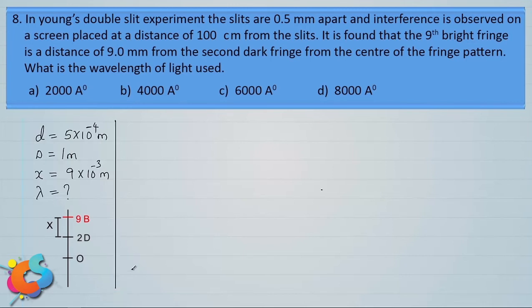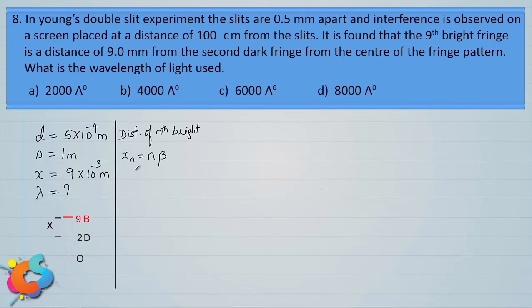In order to solve this, you need to know the distance of the nth bright fringe and nth dark fringe from the center of the fringe pattern. So let's take up the bright first. The distance of the nth bright fringe from the center of the fringe pattern is always given by xn is equal to n beta, where beta is the fringe width, which is equal to lambda D by d.